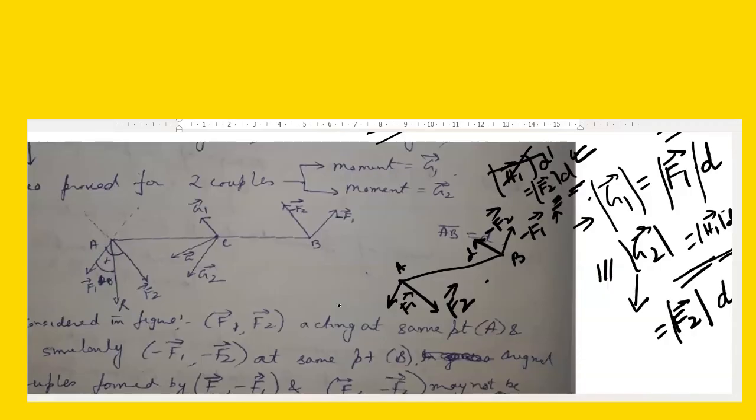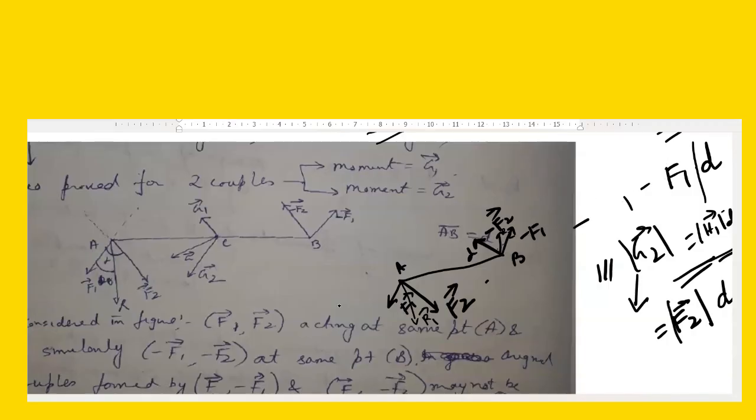As soon as you put F1 and F2 at A, and minus F1 and minus F2 at B, by the law of parallelogram of forces, I can add these two up and get a resultant R1. Again, I can add the other two up to get a resultant R. Let me rub all this out. One thing to mention: in textbooks, they do not give all this explanation.